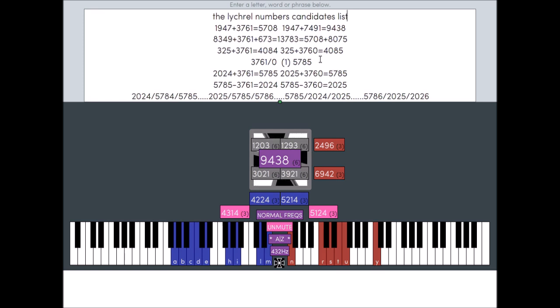Why? Only because of the Lychrel numbers candidates list. The creation of your time, what it says, is the Lychrel numbers candidates list. And that's what I've begun to read since Tevet 17th, 5785. And that's what I've been showing here.